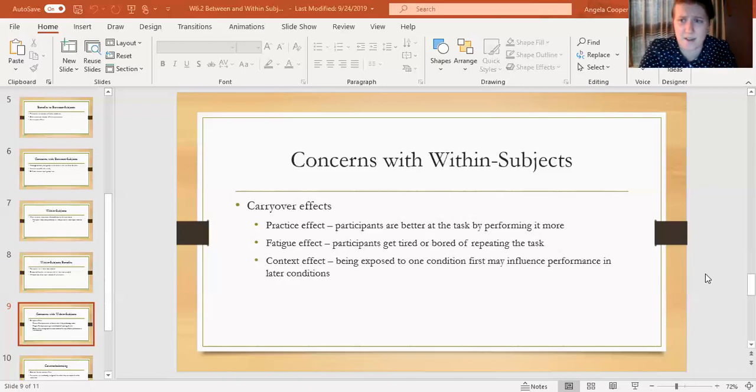Another example of the context effect would be an experiment where you're given a brief description of a crime. Maybe Bob punched an old lady, took her purse, and ran off. You have the same description for each, so it's always Bob punched an old lady, took her purse, and ran off. That description stays the same. However, maybe one of the pictures of Bob is an attractive person, and the other picture of Bob is a not so attractive person.